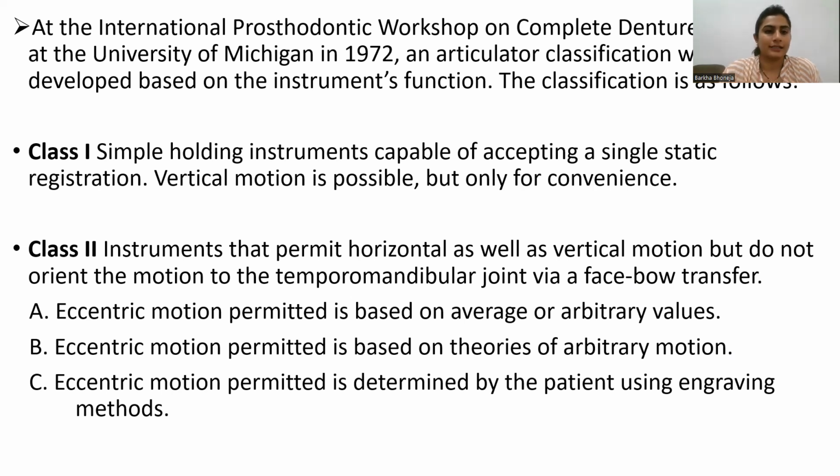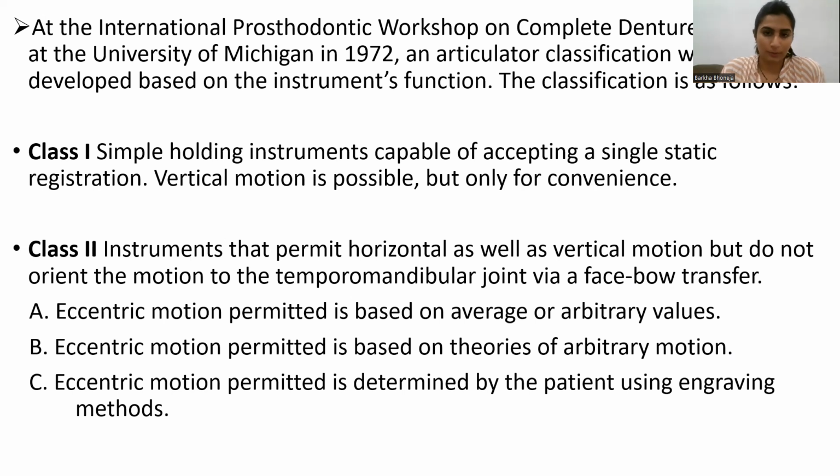Class 2 articulators are instruments that permit horizontal as well as vertical motion, but do not orient the motion to the temporomandibular joint via the face-bow transfer. That is, it can open and close, and to some extent you can do limited lateral and protrusive movements, but you cannot copy what is present in the patient's mouth.